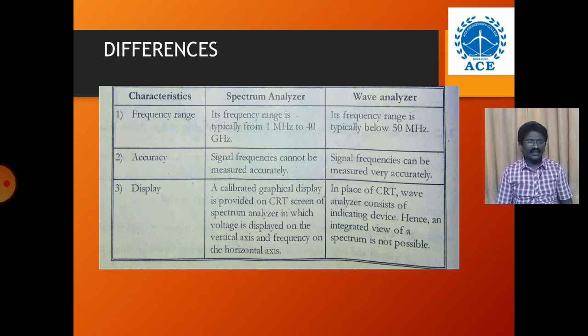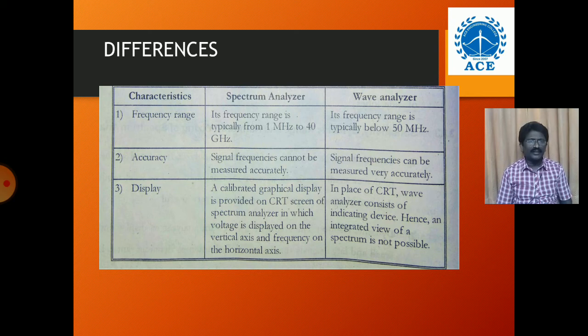Whereas in wave analyzer, in place of CRT, the wave analyzer consists of an indicating device. Hence an integrated view of a spectrum is not possible, because a wave analyzer has only two components. One is the LC circuit used for tuning fundamental frequencies to see output with the help of a rectifier circuit, because your rectifier circuit is the combination of the bridge and some detectors.